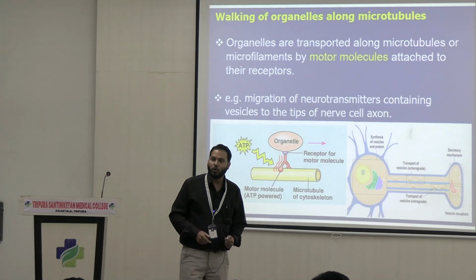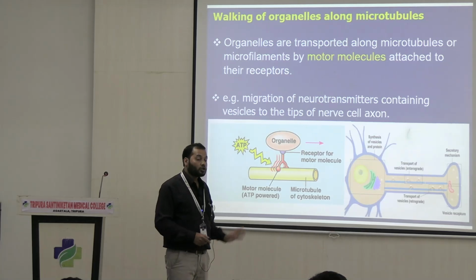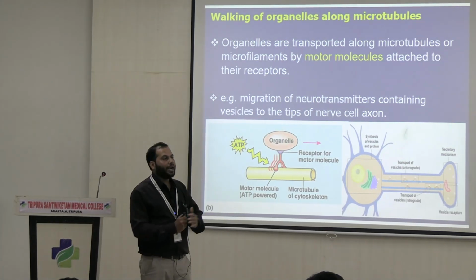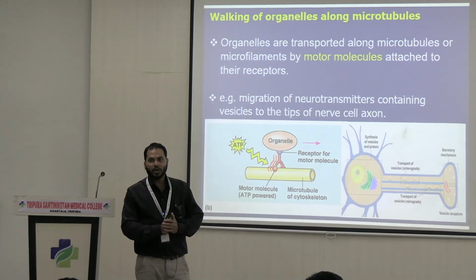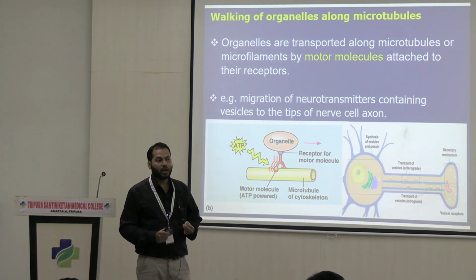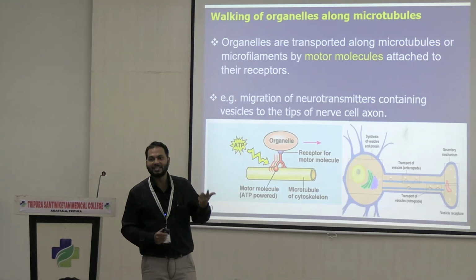If it moves towards the opposite end, it is retrograde. So both anterograde and retrograde transport are used to explain how different types of cell organelles and vesicular structures can move inside the cell.